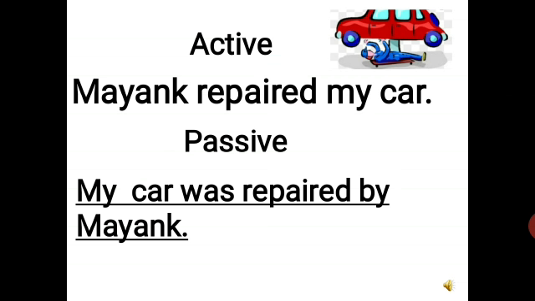See this sentence. Mayank repaired my car. Next sentence, my car was repaired by Mayank. Both the sentences are same in meaning, but the context changes. In the first sentence, subject Mayank is given more importance, and we get to know that he is the person who is performing the repair activity on the car, which is our object.